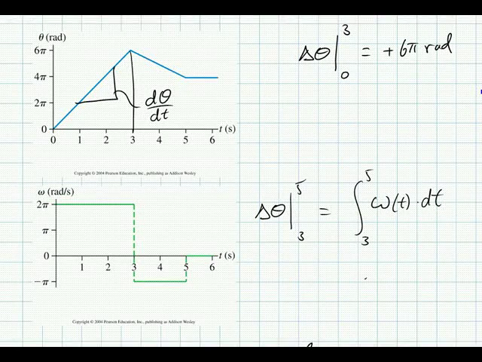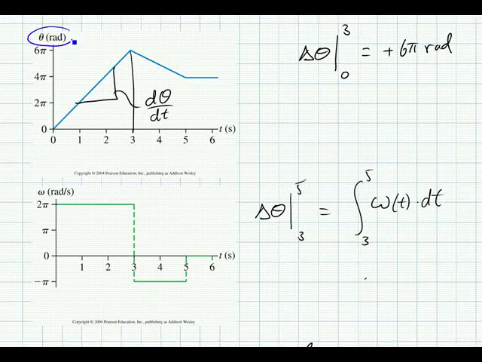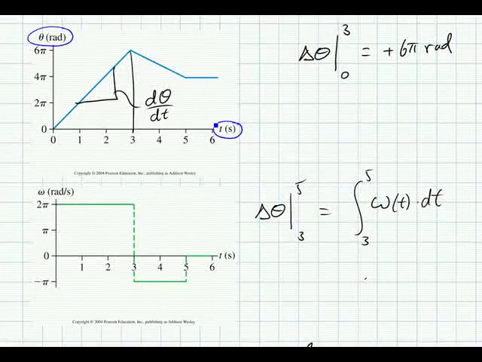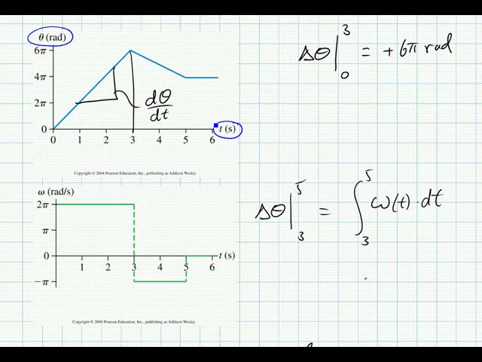So if we have, for example, a plot of angular position versus time for an object undergoing circular motion, and you're interested in finding the angular velocity of the object at 2 seconds, for example, at this point right here, well, that's simply the slope of the line.